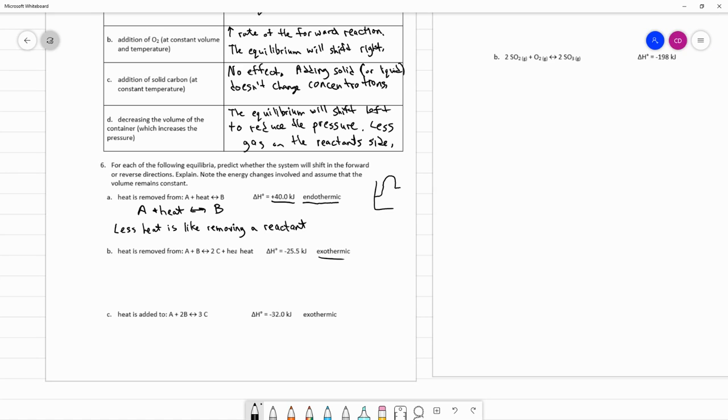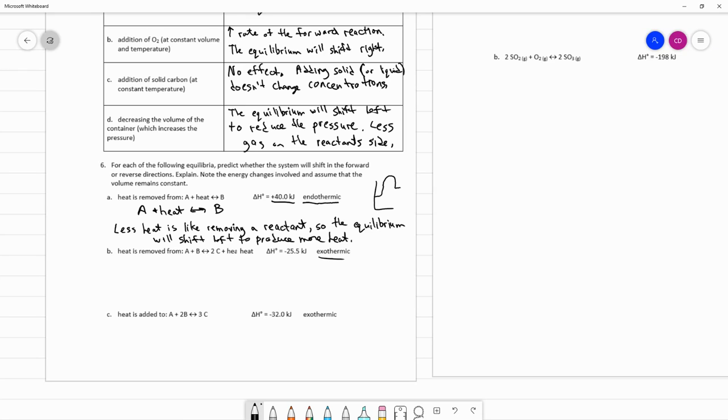Less heat is like removing a reactant. So the equilibrium will shift left to produce more heat. It shifts to where the heat is created if the disturbance is removing the heat.